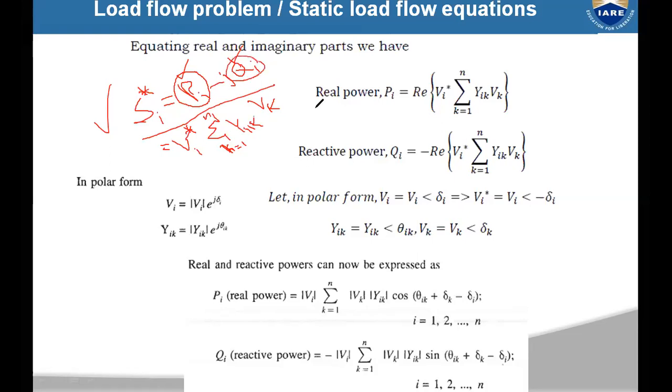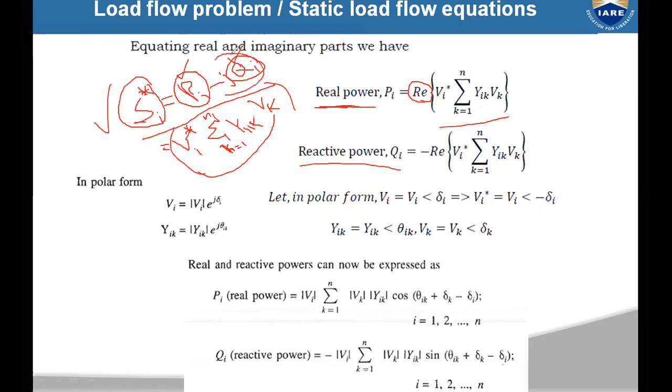So if you want only the real power, which is Pi, then you have to take the real value of this previous equation, the real value of Si conjugate, which is the real value of Vi conjugate into sigma k equal to 1 to n Yik Vk. In a similar way, if you want reactive power, then minus of the imaginary part of this you will get, right? So you observe this equation.